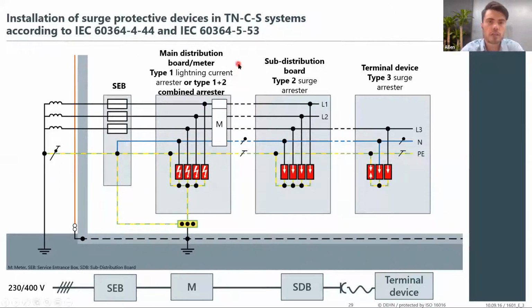We have different SPDs that are manufactured based on the type of earthing system that you have. So you can see from a 3-phase supply, you have your type 1 surge protection device installed in the main distribution board, with your type 2 surge protection devices installed further down in your electrical system. You can also have more fine protection, where you have your type 3 surge protection devices installed, for instance, in your plugs, etc.